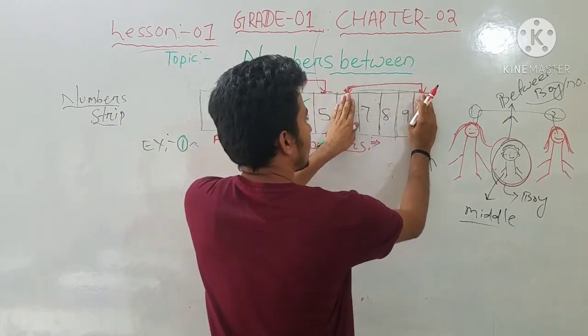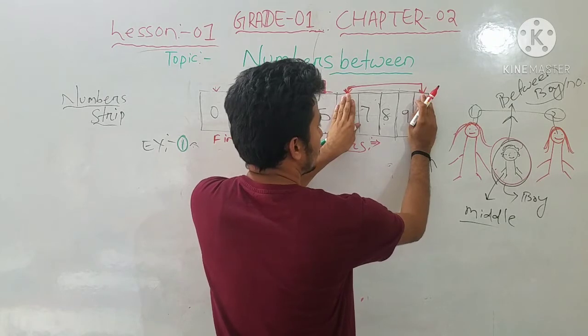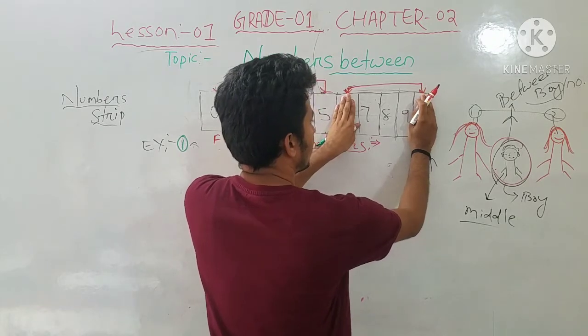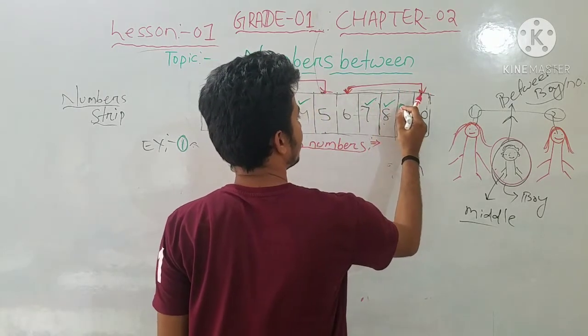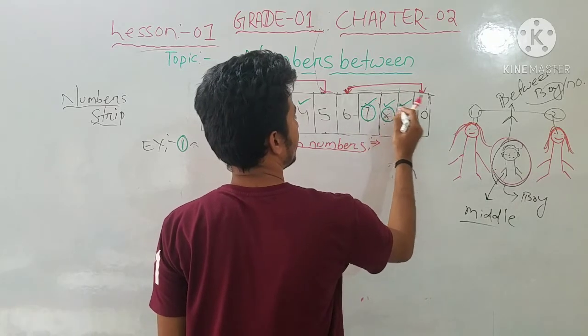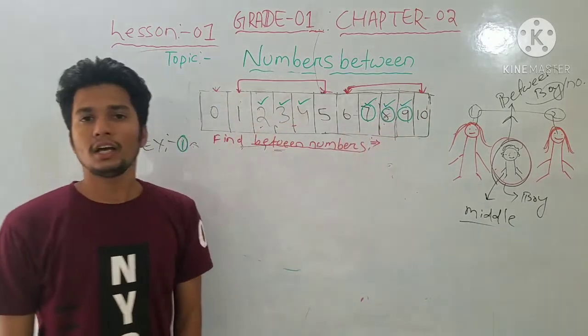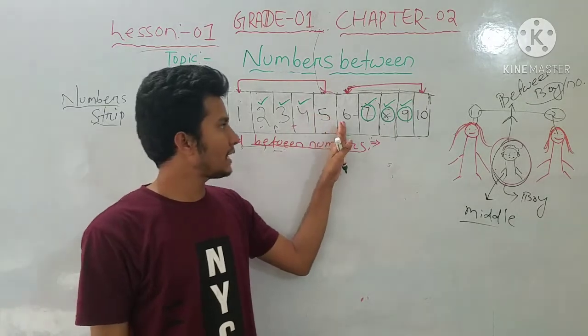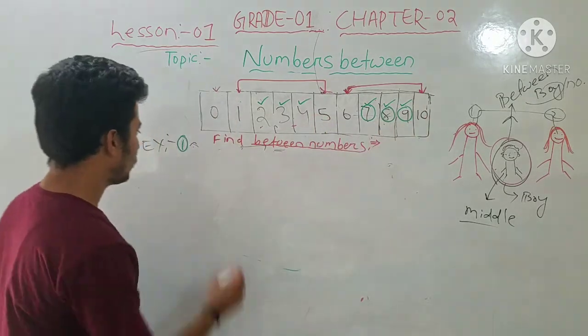Then you see, 6 and 10 I blocked. Then which numbers can you see? That is 7, 8, 9. So these are the numbers in between 6 and 10. Understood students?